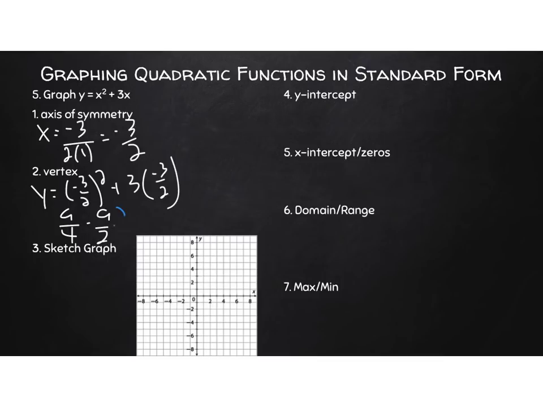So we'll multiply the second one by 2/2. And that gives us 9/4 minus 18/4. So then our vertex is going to be -3/2. And then 9 minus 18 is -9/4.